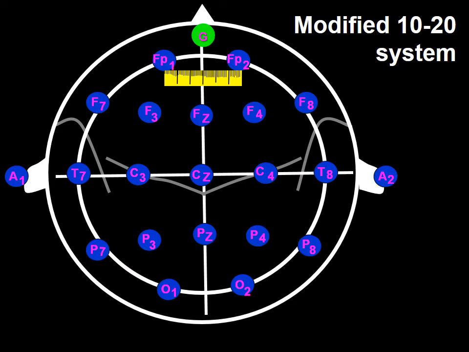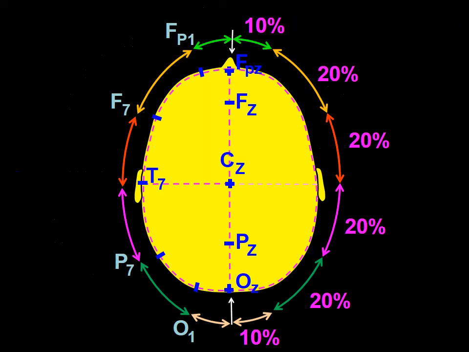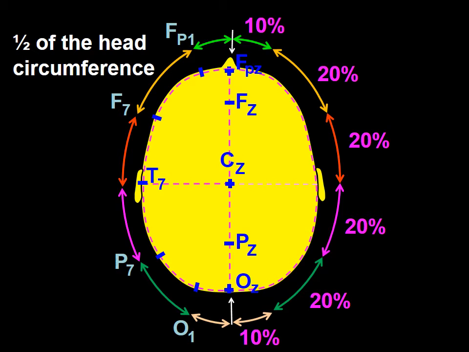The distance between these two electrodes can easily be calculated by going back to one of our initial figures. When considering half of the head circumference for calculation, the distance between FPz and FP1 is 10%.